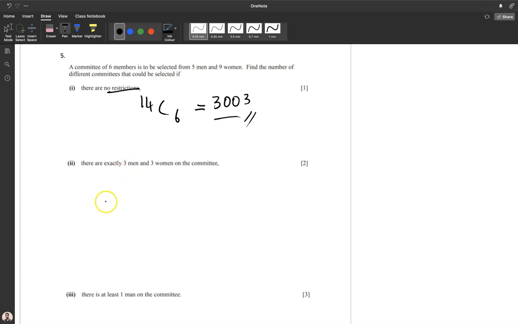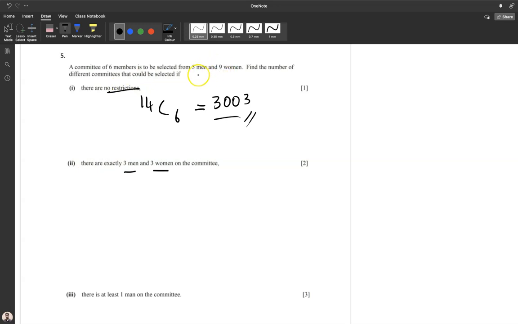When we actually need 3 men and 3 women specifically, then you have to do something slightly different. Out of the total, how many men do we have?